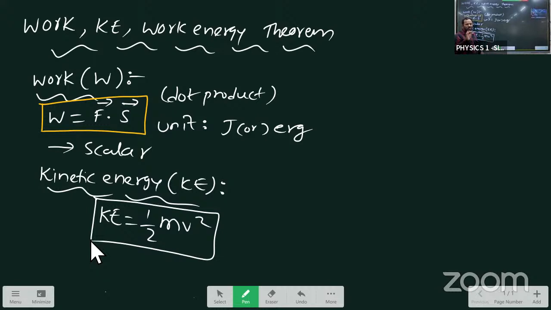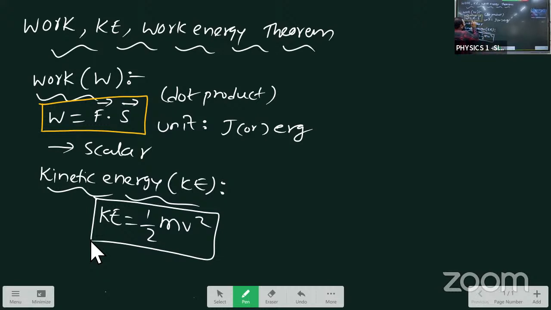One body under motion, which energy is present? Kinetic energy is present. So it is energy related to body motion. The definition we are writing: energy possessed by a body due to its motion. Kinetic energy means half mv square. V stands for final velocity. They may also write half mu square, so that formula is also fine.